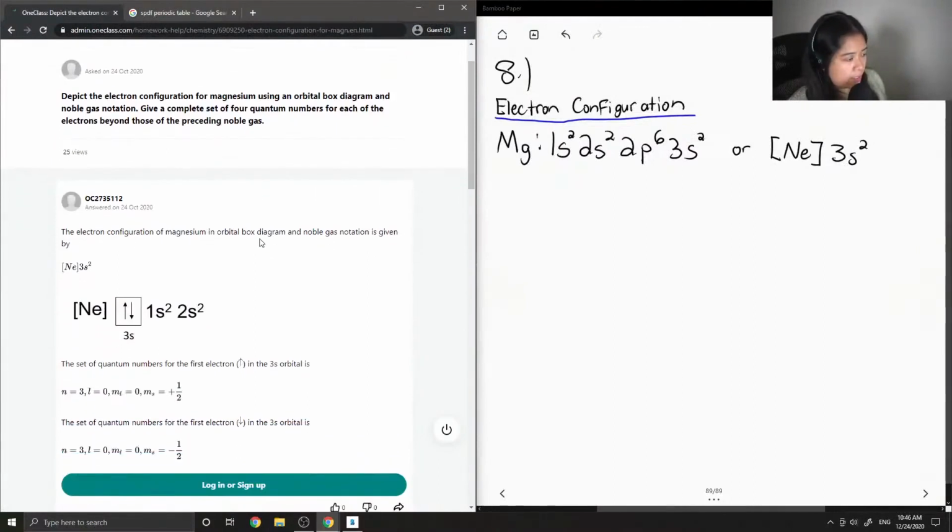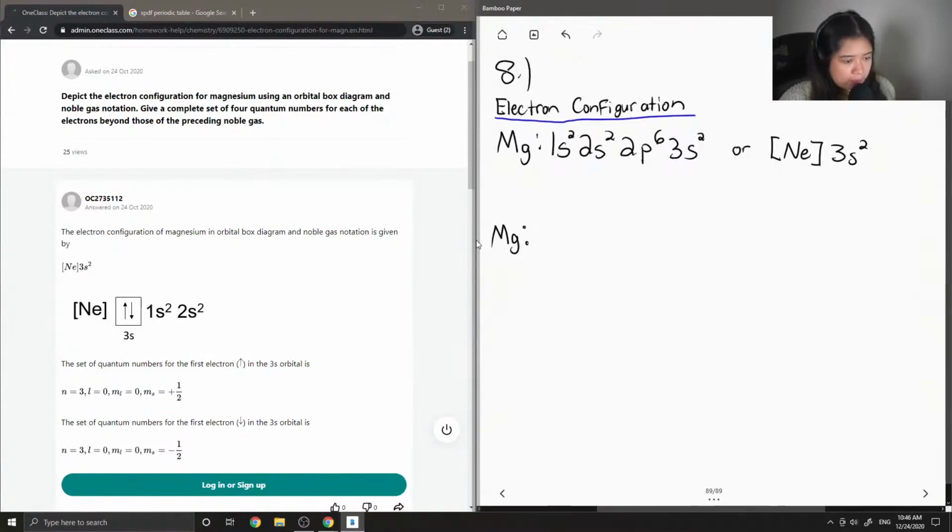The question also asks for the orbital box diagram. So, not sure if they want us to write it in the full notation or the shorthand way, but I'll just do it the full way just in case.